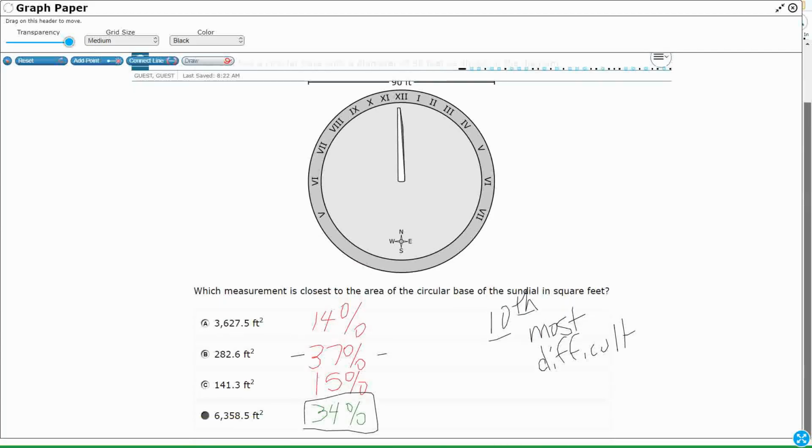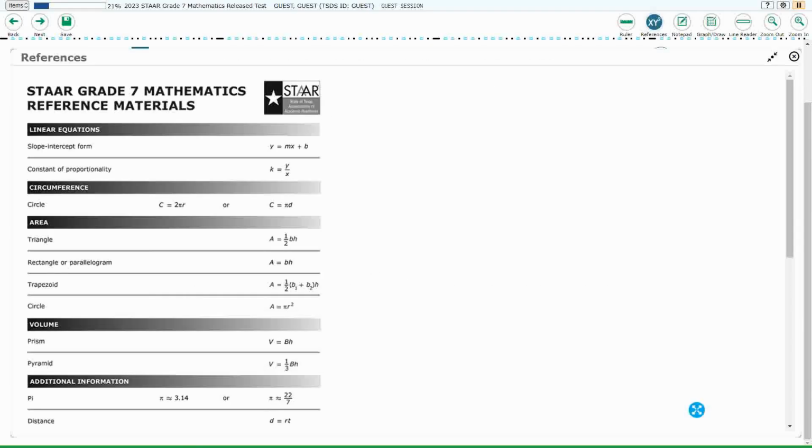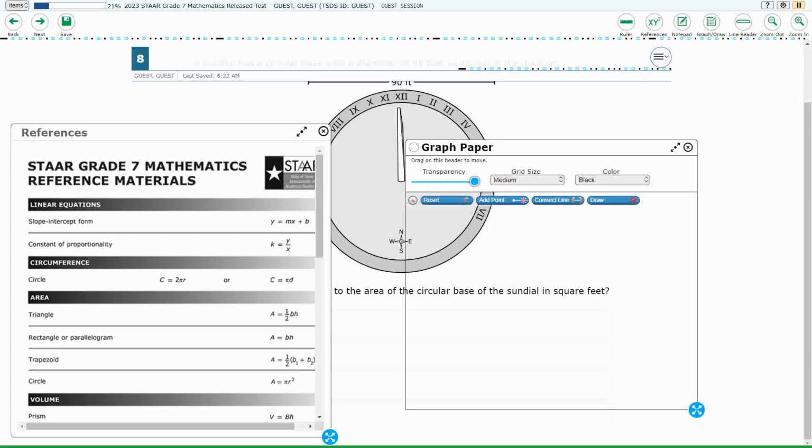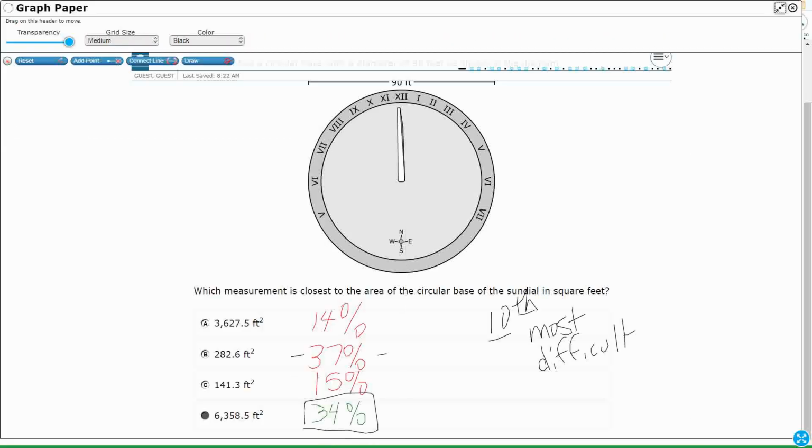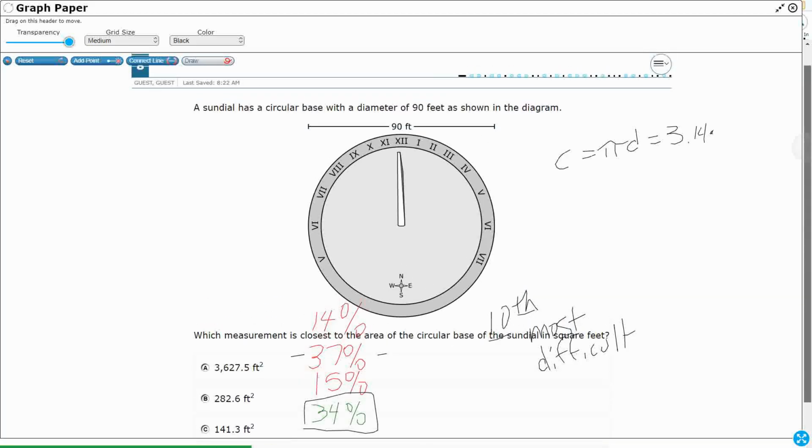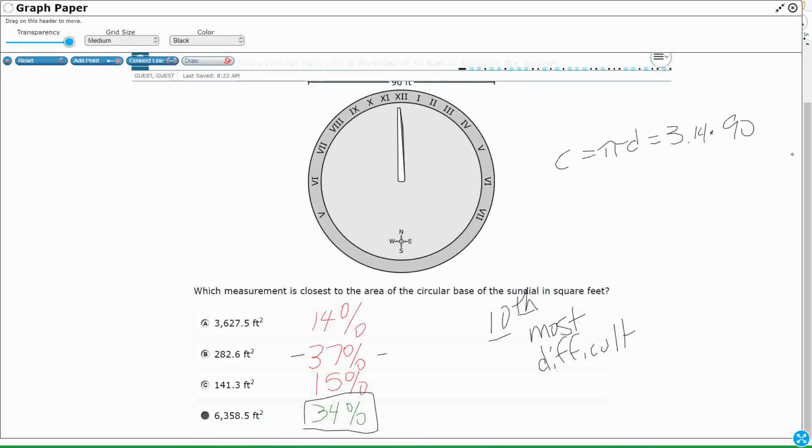And so when I'm looking at my reference materials, what do I see with diameter in circle? I see circumference, right? C equals pi d. And if I were to try to calculate that, C equals pi times diameter, that's going to be 3.14 times my diameter of 90. And guess what that equals?